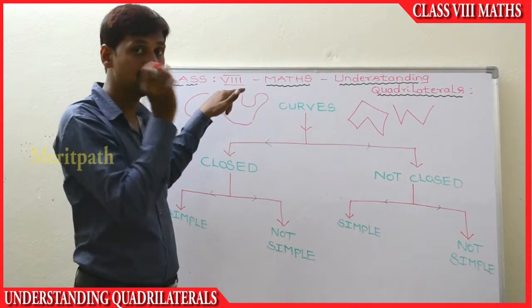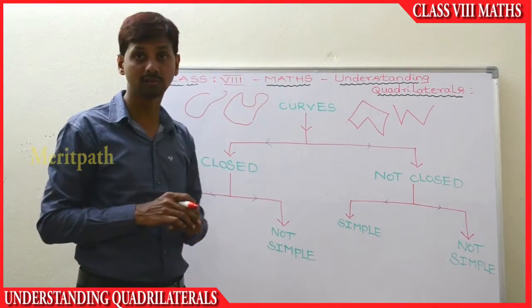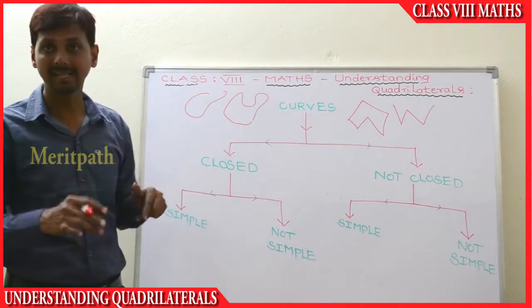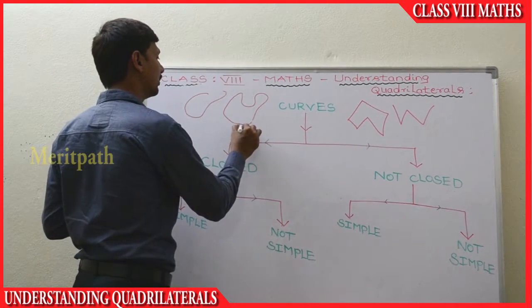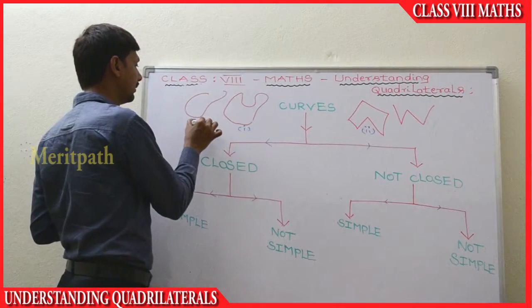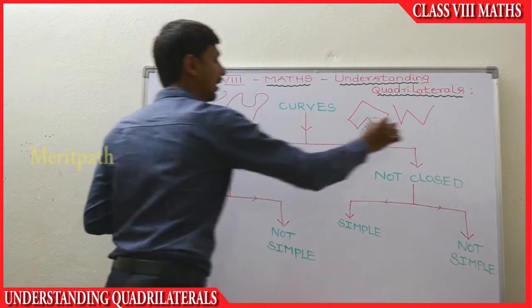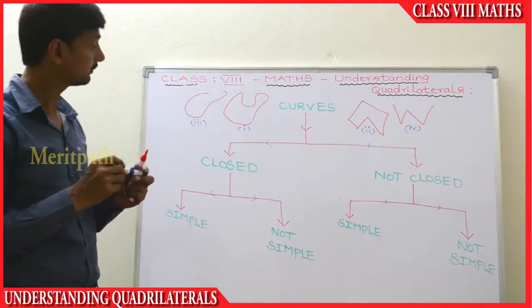The line is joined at that point only. That's the reason we call these closed curves. This is 1 and 2. So 1 and 2 are closed curves, and here 3 and 4 are open curves. That means these are not closed curves.